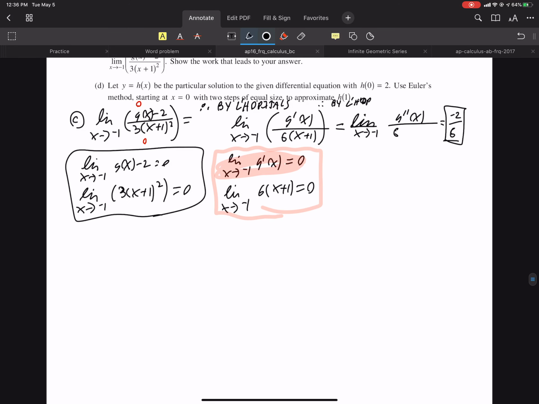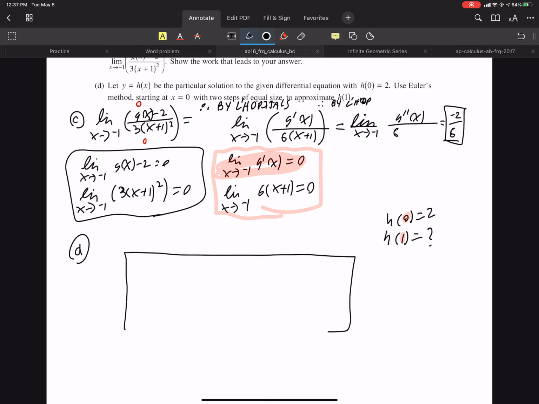Part D. Whew. H of x be the particular solution. We want Euler's method using 2 steps. So we want h of 1. We have h of 0. And we want to do 2 steps. If you're going from 0 to 1 in 2 steps, clearly the steps are a half a step.